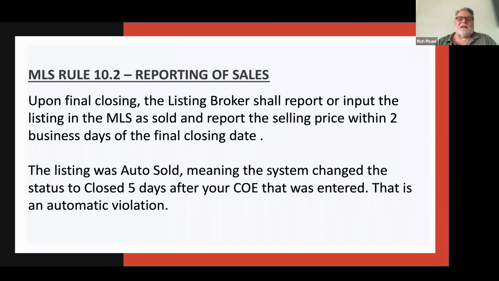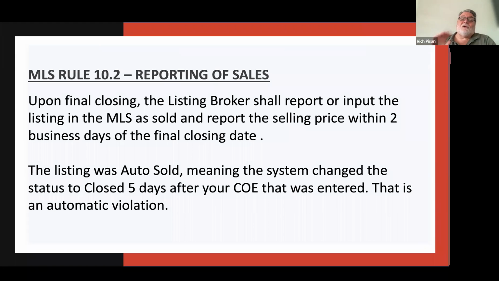There's no excuse for this to go to auto sold, because the MLS sends many reminders that your listing is set to close on this date. And even after it closes, it tells you, okay, we're going to change this to auto sold.